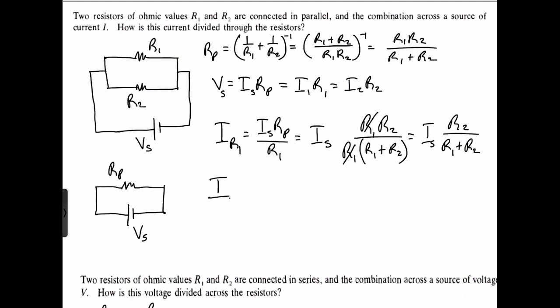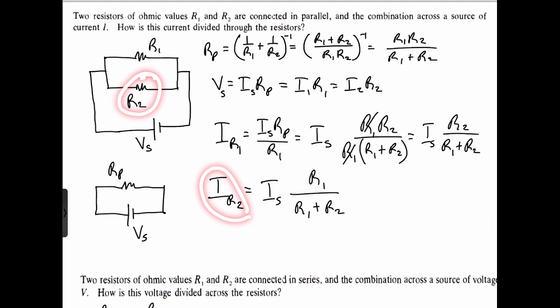We can then get the current for R2, which is equal to IS times R1 all over R1 plus R2. So that's the formula for the current division. As you can see, if you're trying to find the current for R2, you multiply the current coming from the source times the other resistance, which is R1, all divided by R1 plus R2.